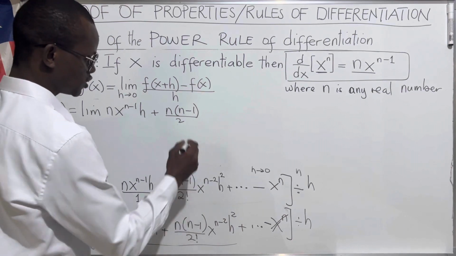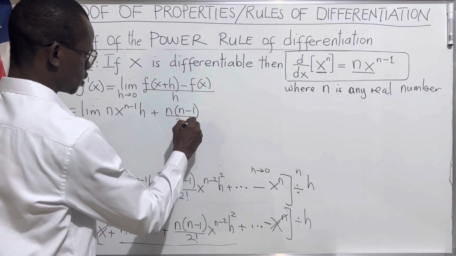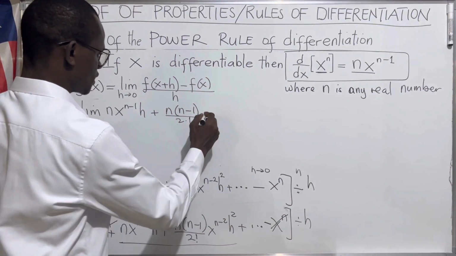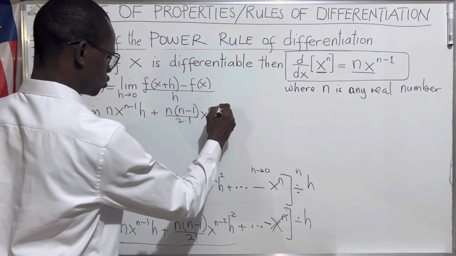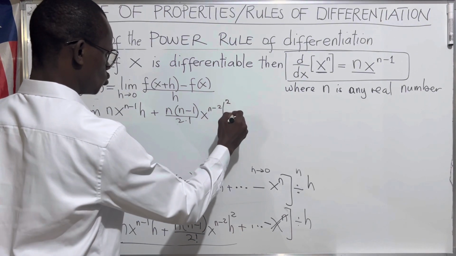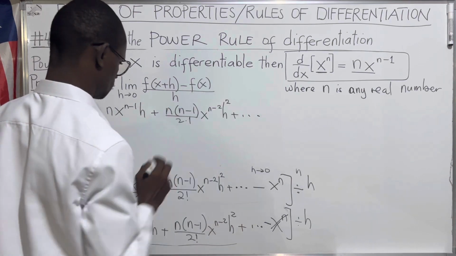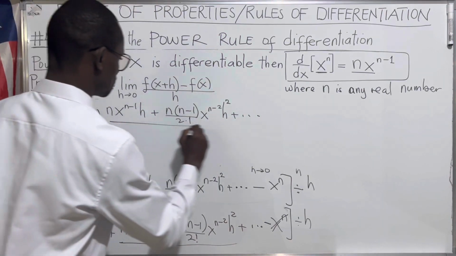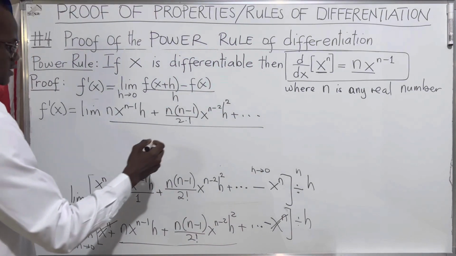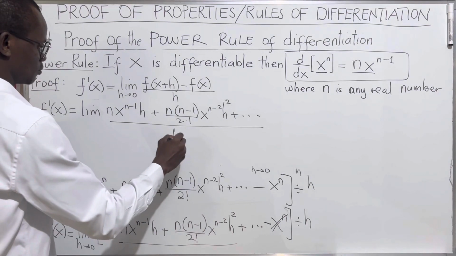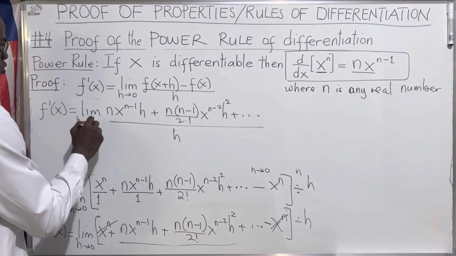We know 2 factorial is just 2 times 1. So x raised to the power n minus 2, h raised to the power 2 plus dot dot dot. All of this entire expression is divided by h, as h is approaching 0.